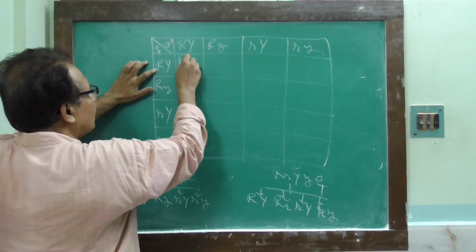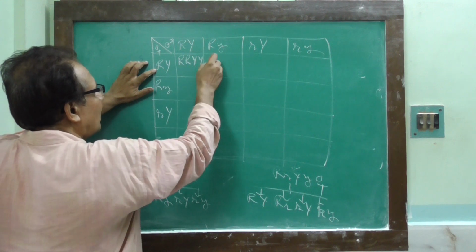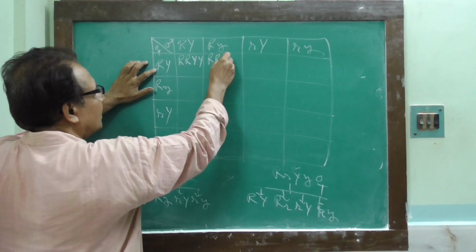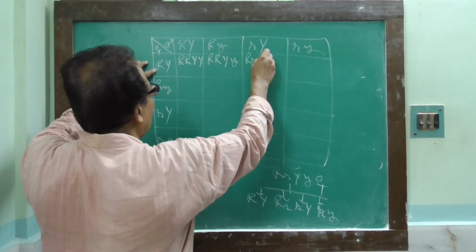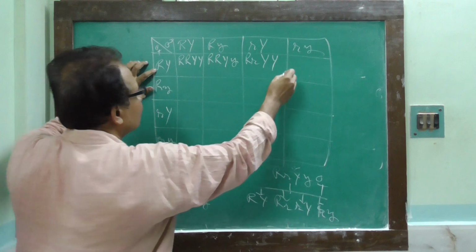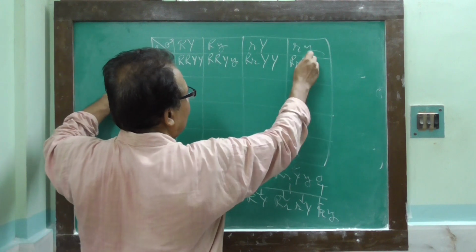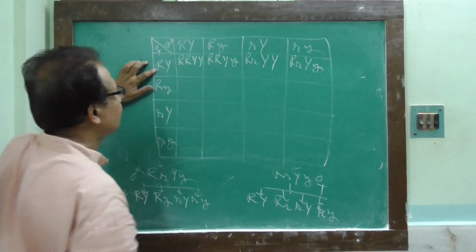Like capital R, capital Y, capital Y, capital R, capital Y, small y, capital R, small r, capital Y, capital Y, capital R, small r, capital Y, small y.